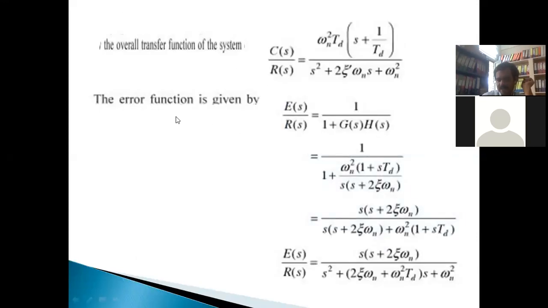If we find the error function for the same system with derivative control, this is E of s by R of s, whose value is s into s plus 2 zeta omega n by s square plus 2 zeta omega n plus omega n square Td into s plus omega n square. So this is the error signal.